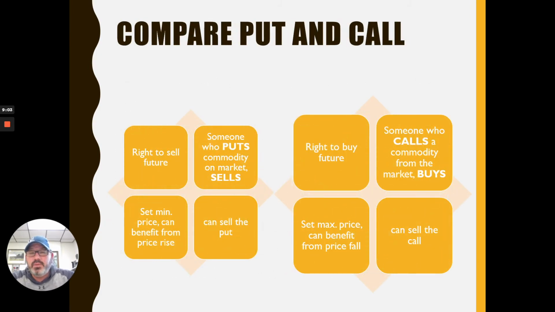So again, how do we compare these two things between put and call? I've tried to put together a slide here that shows calls on one side, puts on the other, and the characteristics of who would purchase them or sell them. Hopefully this is a good summary slide for you.